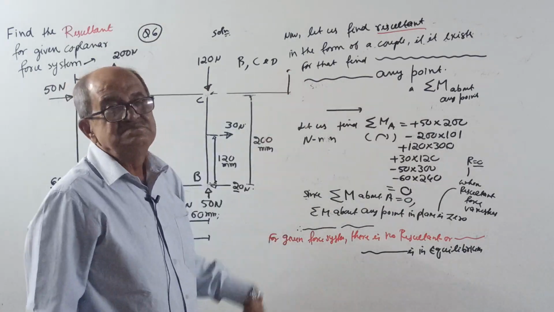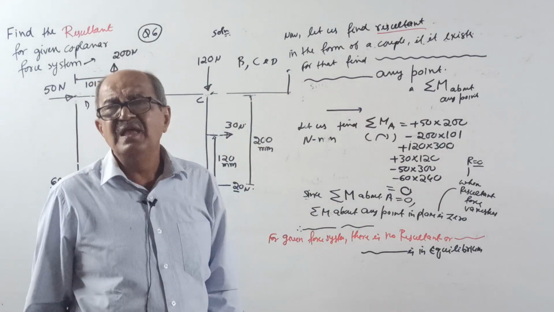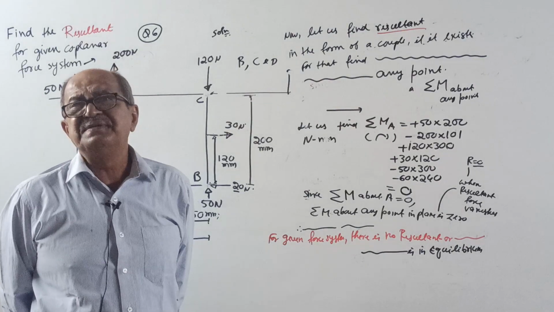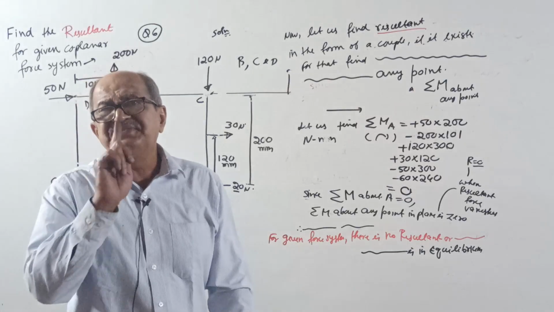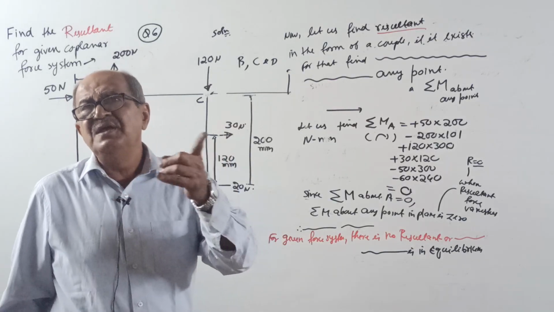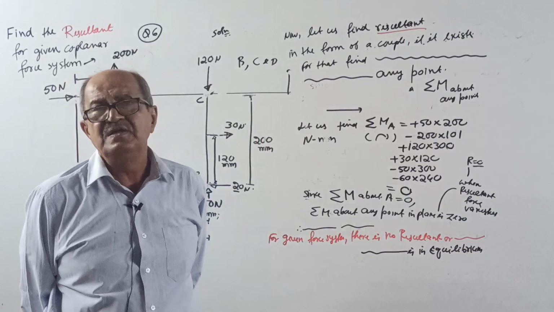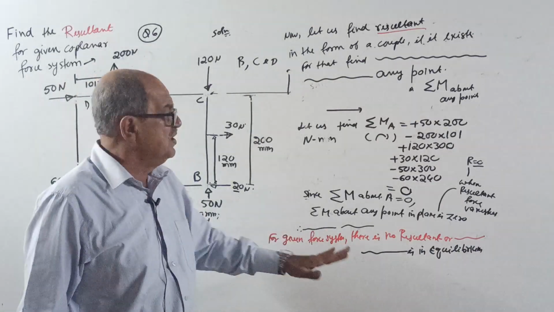Take moment. It is 0 only. Once the resultant force vanishes, if a resultant couple exists, the moment of the couple is constant irrespective of whichever point you consider. Therefore, for this question, no resultant.